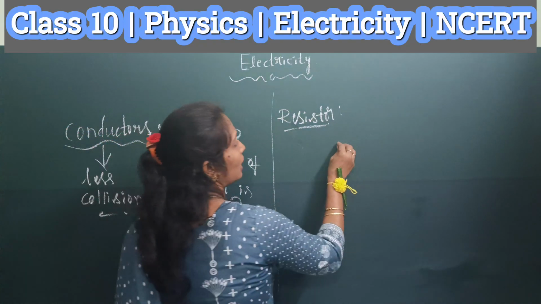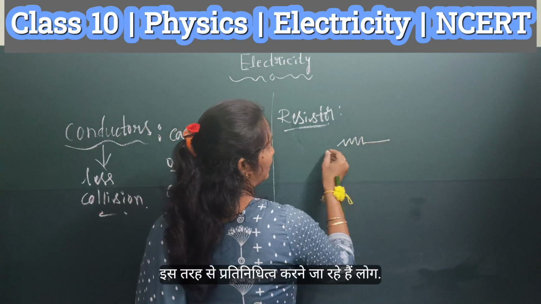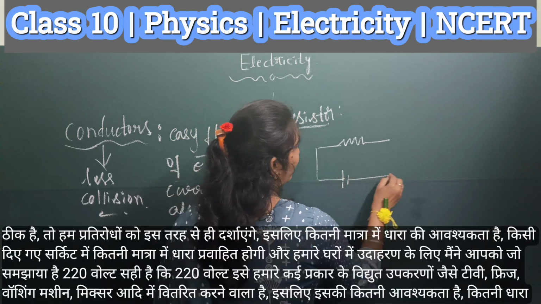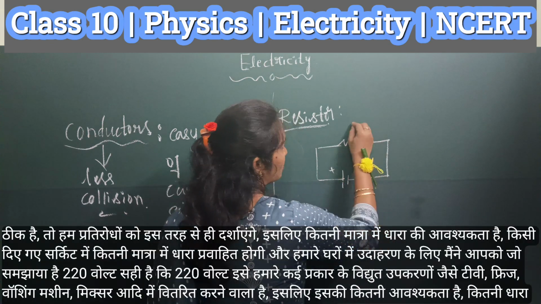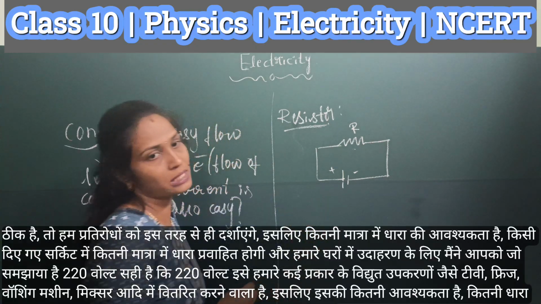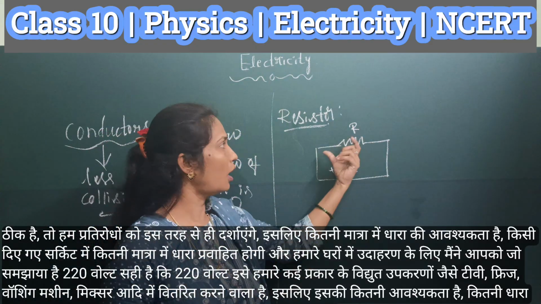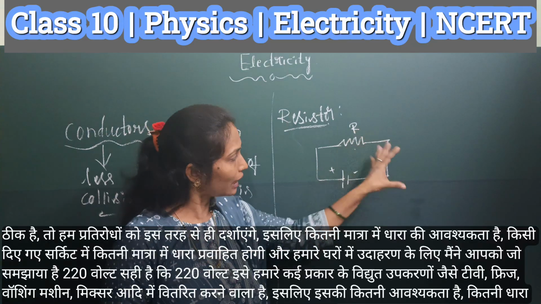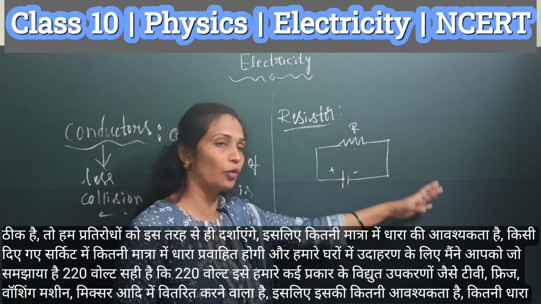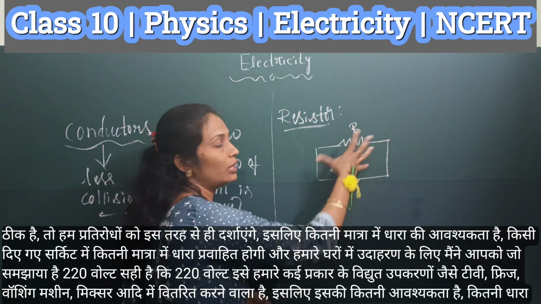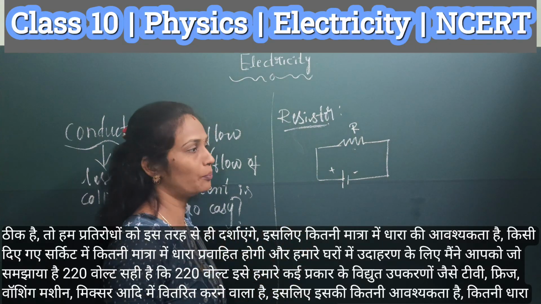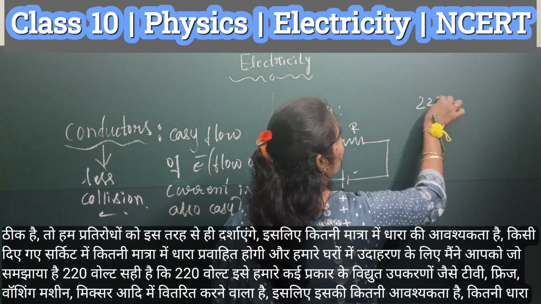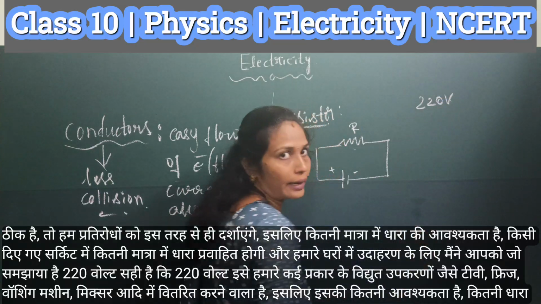So resistors are represented like this, guys. This is very important. We'll represent resistors like this only. How much current is required, that much current will flow in a given circuit. For example, in our homes, as I explained to you, 220 volt is there, correct?